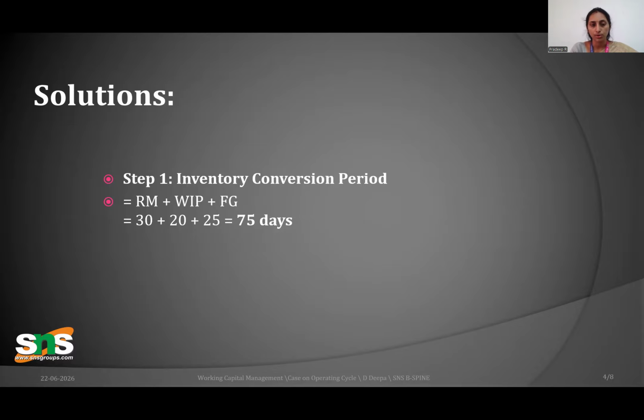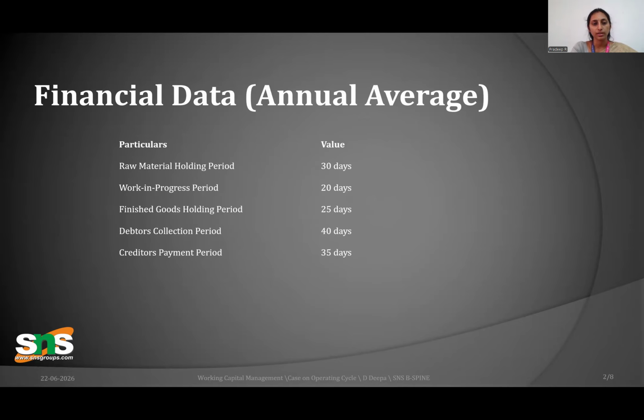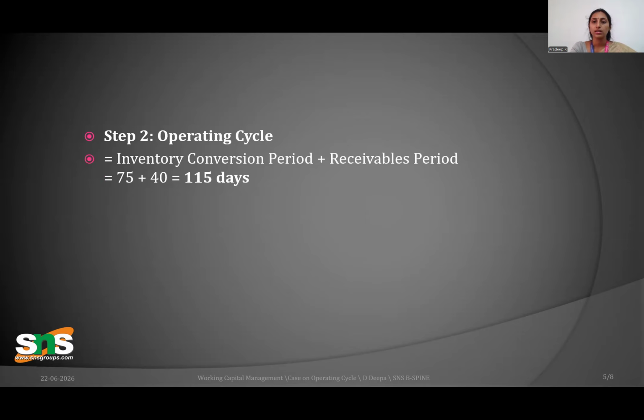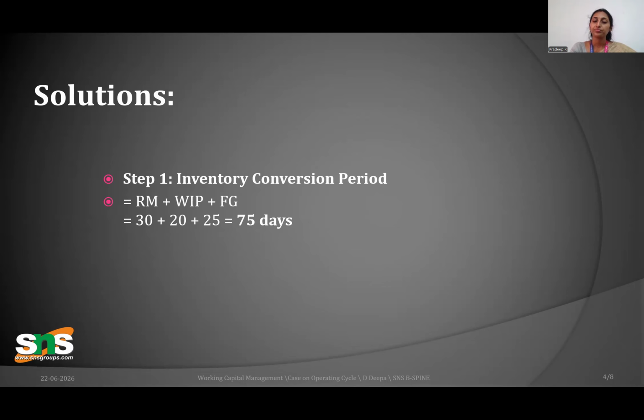So RM plus WIP plus finished goods is the calculation for your inventory conversion period. Raw materials is 30, work in progress is 20, and finished goods is 25. So 30 plus 20 plus 25 gives 75 days. It is required for your inventory to convert.